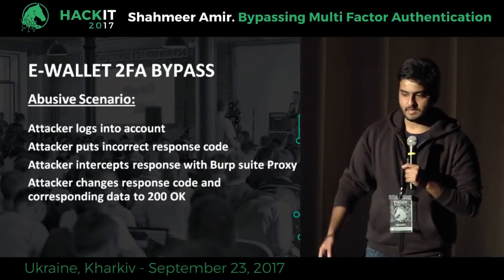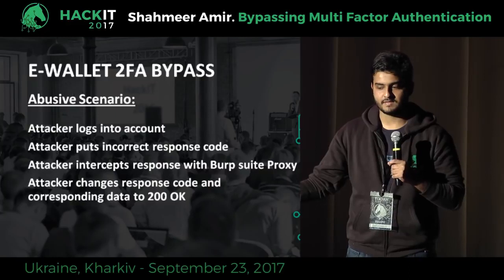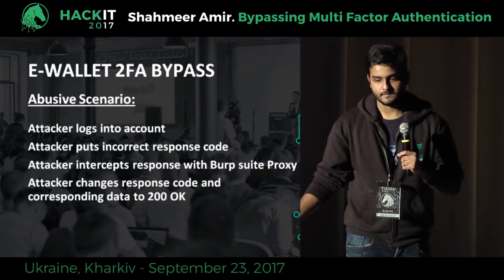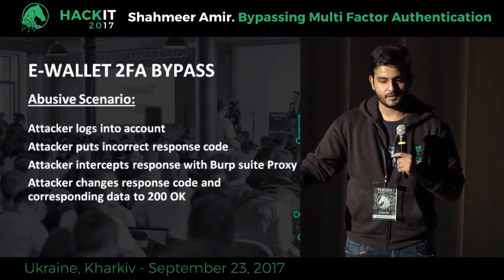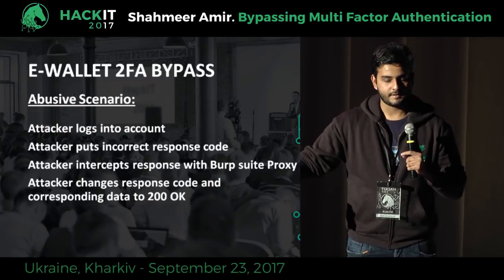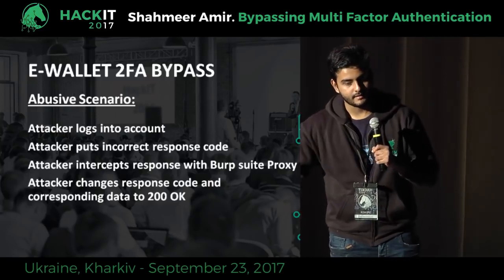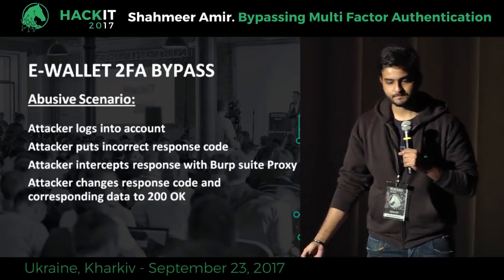As you can see, we don't know the PIN, so it's telling us that it's unsuccessful. Now, using Burp Suite, we intercept the response, and after intercepting the response, we could replace it with a valid response code, and using that valid response code, we bypassed the 2FA in this e-wallet.